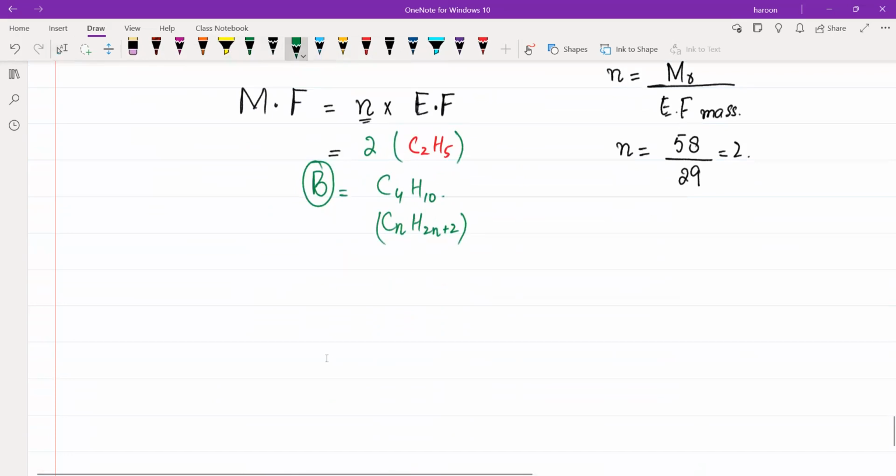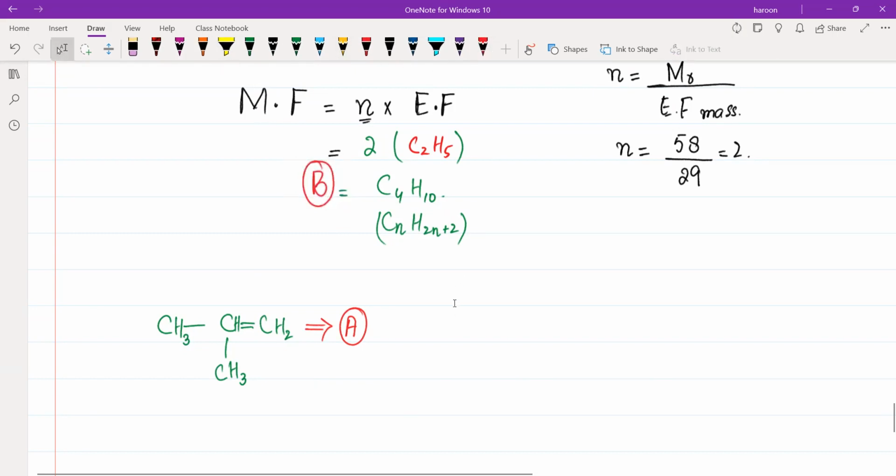We have 4 carbons with a branched alkene. Do you think it's a branched alkene with 4 carbons? That's the only possibility. So it is A. Interestingly, we are able to find A after the B.